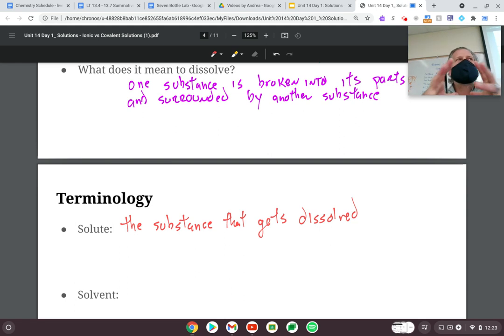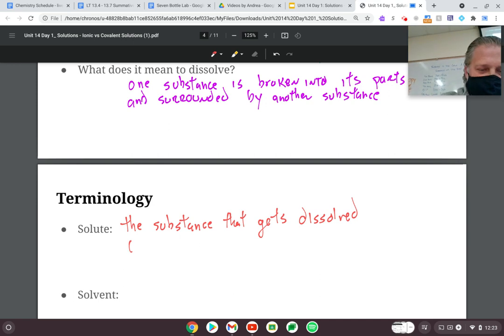In our personal experience with things that are dissolving, a lot of times we'll think or feel like a solid thing will dissolve. So examples of solutes would be things like sugar or table salt or Kool-Aid, and other stuff that dissolves.